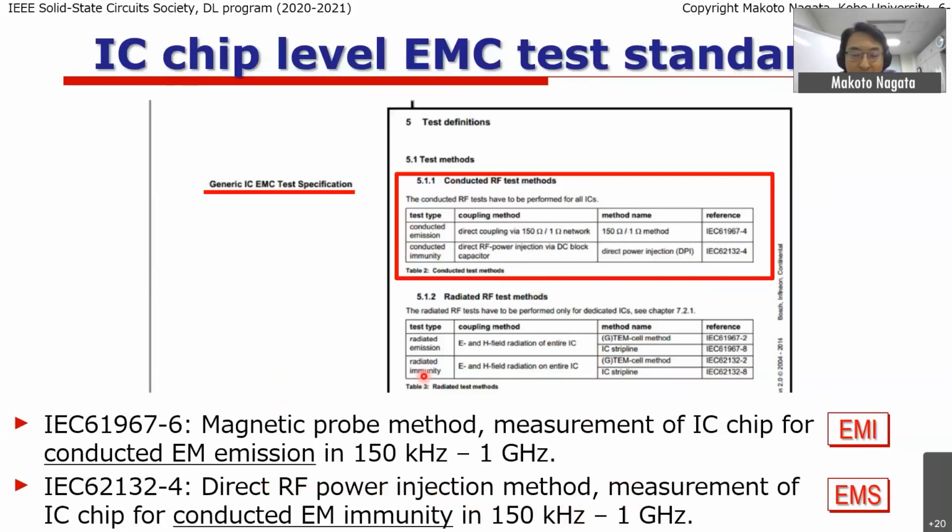Those are basically the techniques used for product designs in terms of EMC compliance. But again, those techniques can be quite useful for measuring the hardware security performance of IC chips. So the students should learn those standardized techniques beforehand, before going into the area of security.